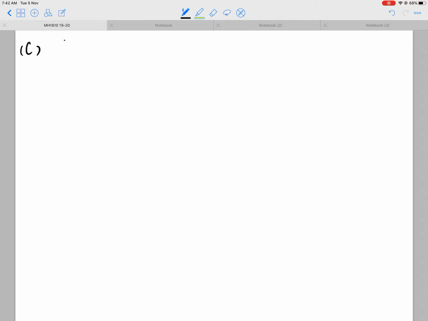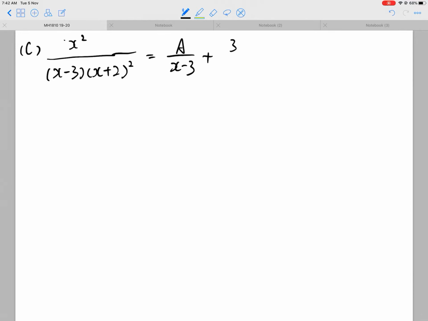Part C is a little bit more complicated because you simply have more terms to put in your equations. So here you can see x minus 3, so we have some a over (x minus 3). And we have (x plus 2) squared, so we have b over (x plus 2) and c over (x plus 2) squared. So we have 3 terms.